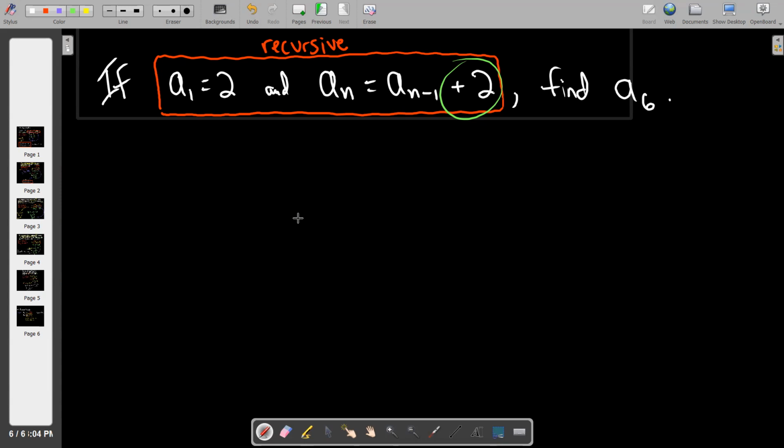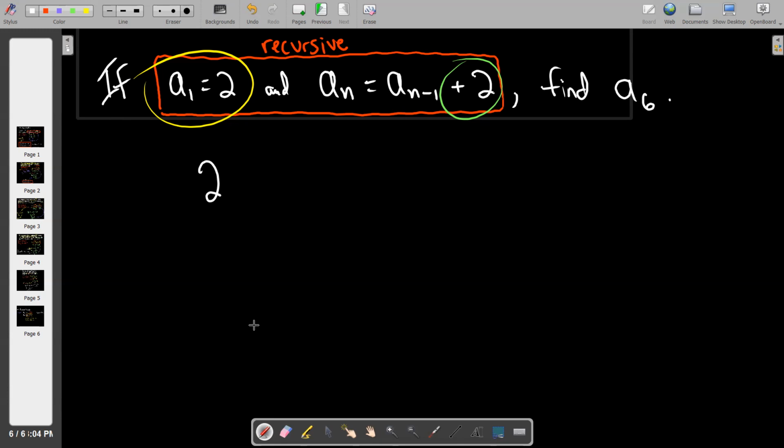Can you tell me, based on what's on the board, what the first term of the sequence is? You should know this language by now. Whenever you see someone write a sub 1, what they're saying is the first term. So right there in that yellow oval, it says the first term is 2. Now, what did we decide the behavior of the sequence is?